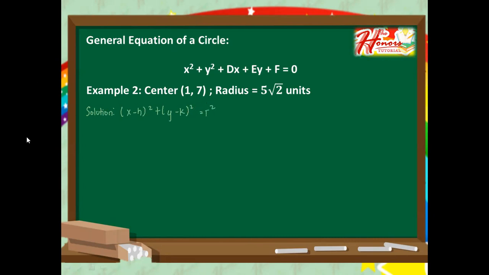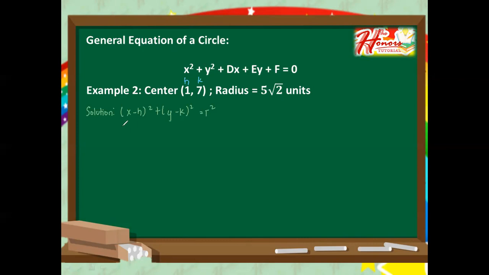And then we have to identify h and k. For h, we have here 1. For k, we have here 7. And for r, we have here the radius itself. So let's solve. Let's substitute what we have.